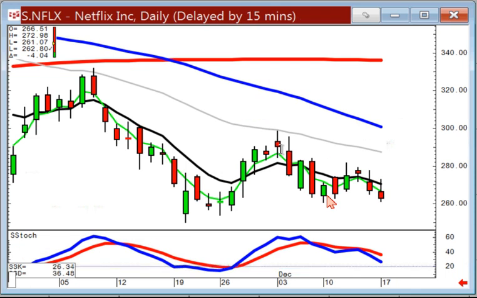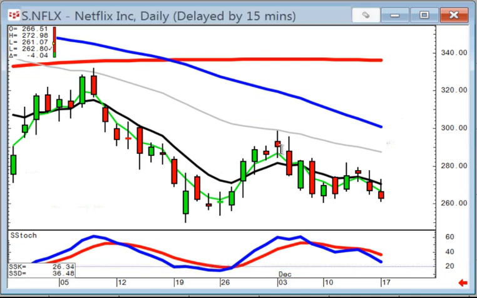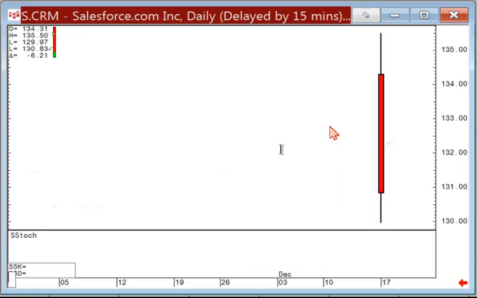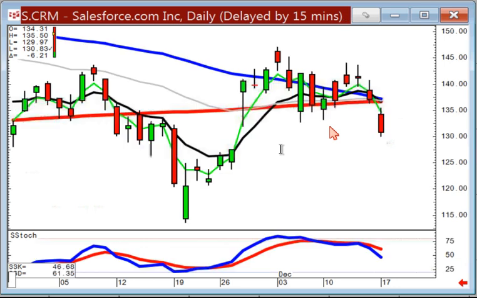Netflix, if you think about going short, you can see there's almost a little support level here with an evening star signal. You can short this one on weakness. This will also be a function of what the market looks like it's going to do on the open tomorrow. Salesforce, another one that you can short.